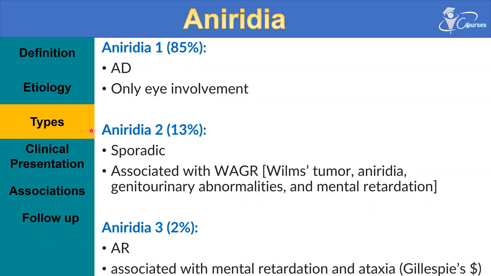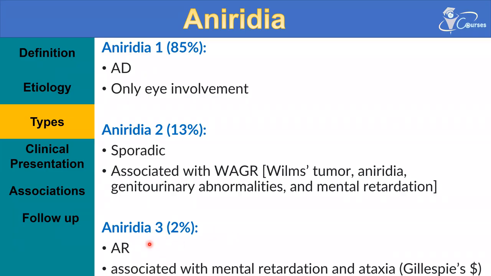So for those patients with aniridia, you need to ask about the family history, and if they are sporadic, please do the patient a favor and send him for an ultrasound on the abdomen for the presence of Wilms tumor.